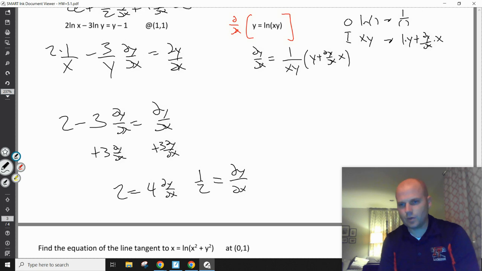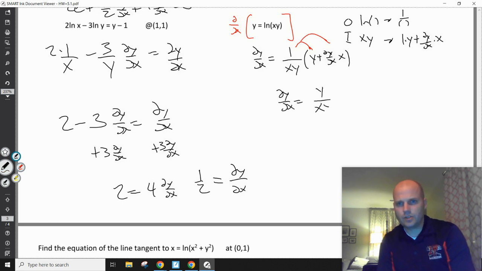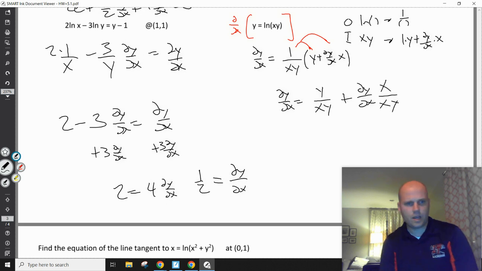Okay, this is one of those examples where you got a dy dx on the left side, you got dy dx inside parentheses. The best thing to do is to distribute. Now, when I distribute, I actually can make some quick little adjustments and simplifications. These y's do cancel.